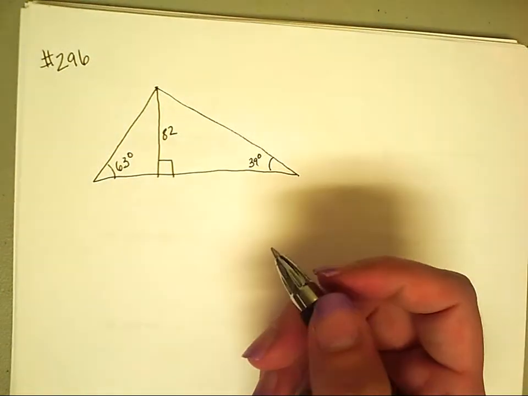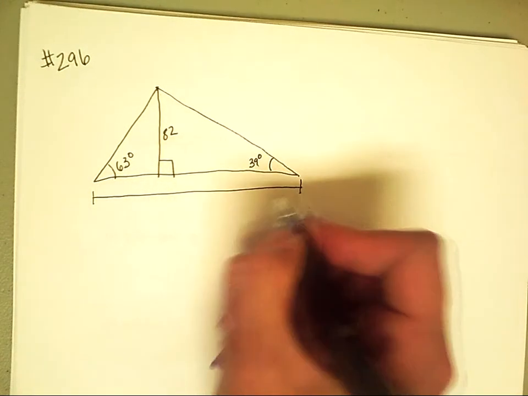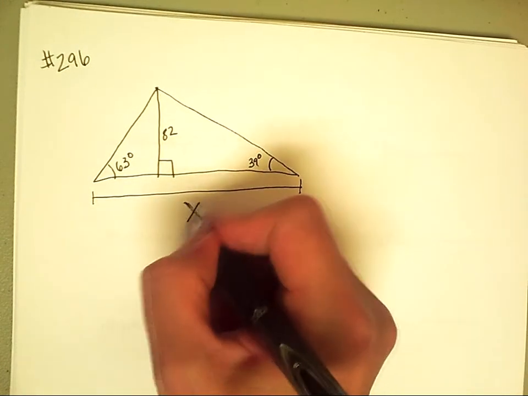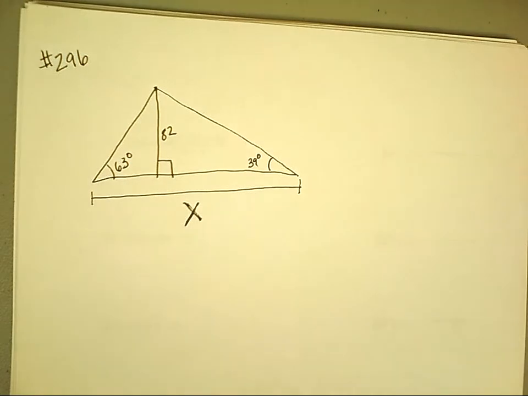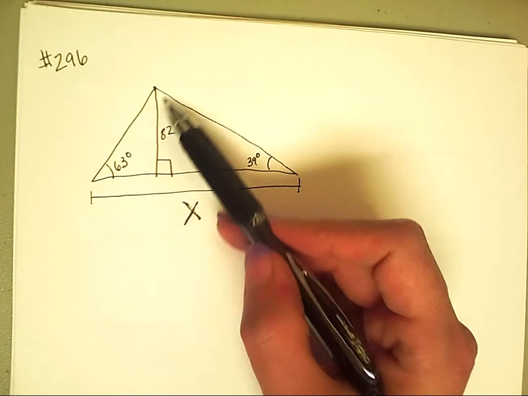And they say the height of this altitude is 82. And what we're looking for is this side, x. So the question is, how do we go about it?